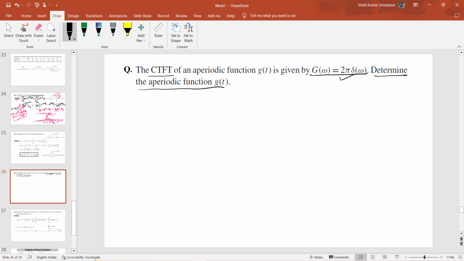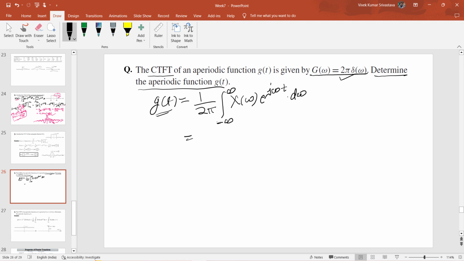For that we use the inverse Fourier transform relation, that is 1 over 2 pi integral from minus infinity to infinity of G of omega e raised to the power j omega t d omega. By using this relation we can determine the corresponding time domain representation.